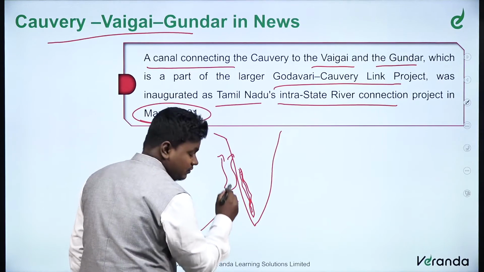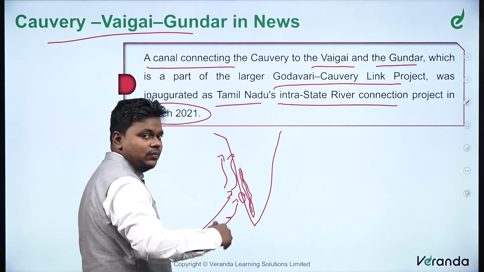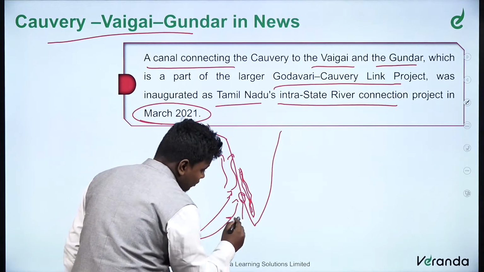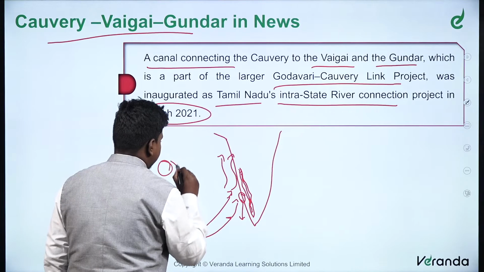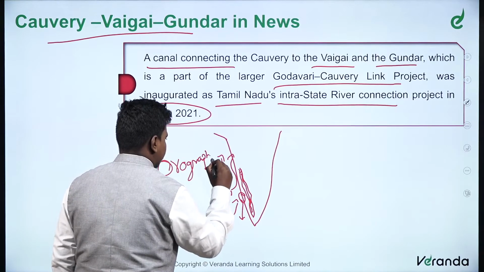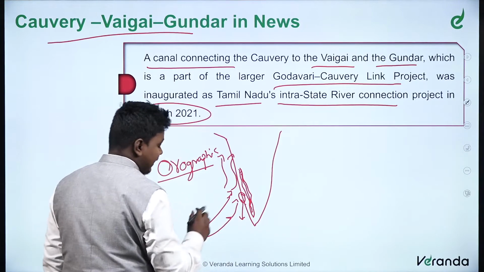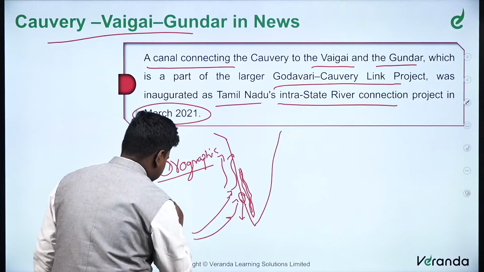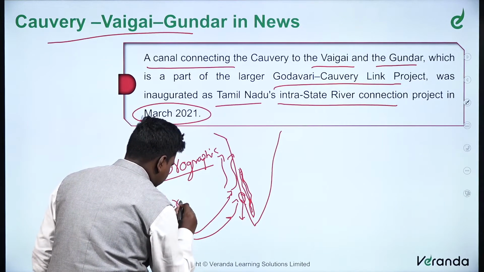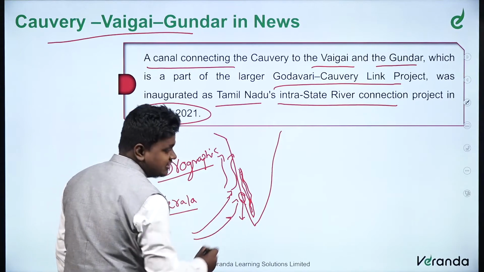Hence, there will be orographic rainfall. That is, there will be heavy rainfall, which is an orographic type of rainfall. Hence, we are experiencing heavy rainfall in the Kerala region, which is present on this side of the Western Ghats.